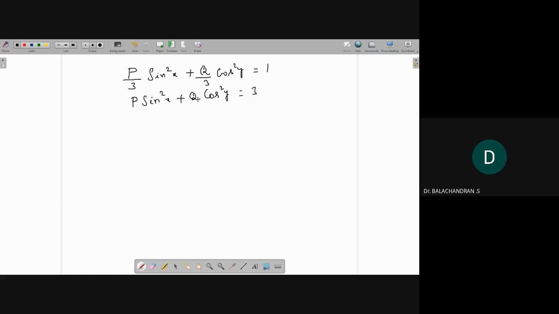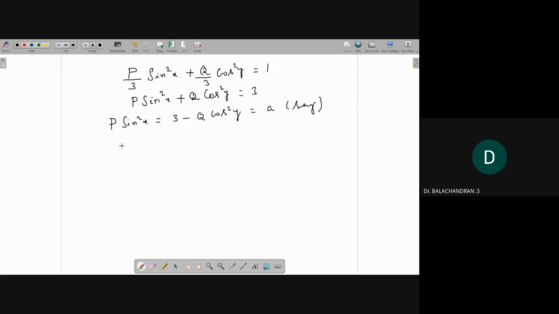Or you can write capital P into sine square x is equal to 3 minus capital Q into cos square y, equal to some arbitrary constant A.